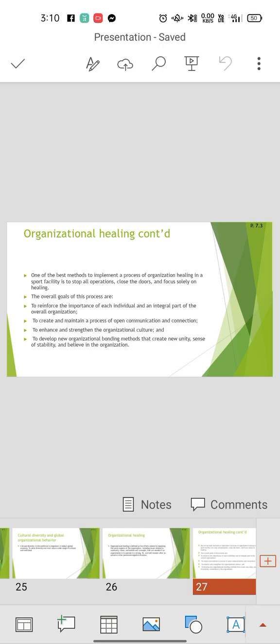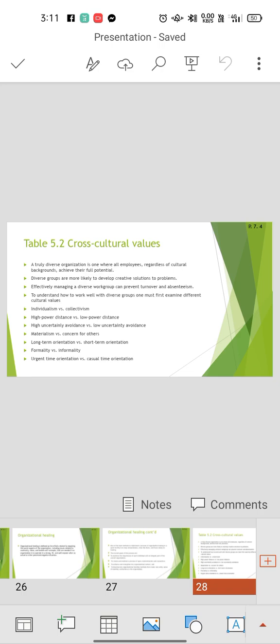The overall goals of this process are to reinforce the importance of each individual as an integral part of the overall organization, to create and maintain a process of open communication and connection, to enhance and strengthen the organizational culture, and to develop new organizational bonding methods that create new unity, sense of stability, and belief in the organization.